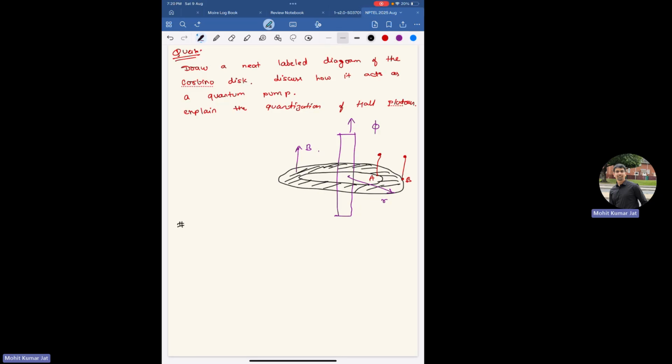Since this phi is the flux threading this hole in your disk, you have this hole in your sample, right? This is the phi. The nice thing about this geometry is that it provides us with an extra tuning parameter.